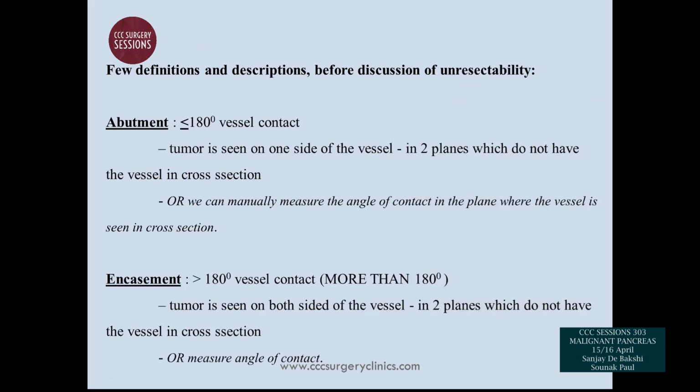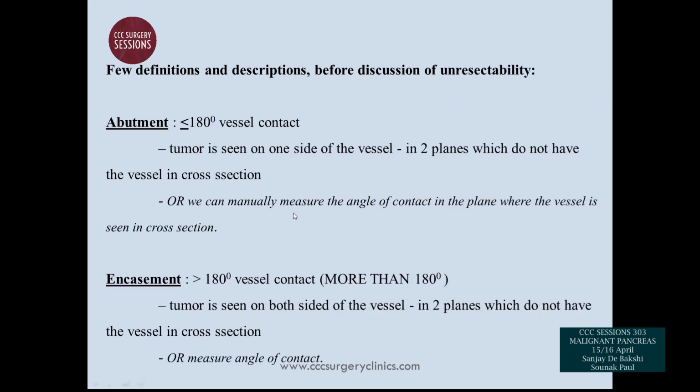So we'll take on a few definitions before we go to the unresectable and borderline resectable tumors. The first of them is abutment of a vessel. If there is less than 180-degree contact with the vessel, it is called abutment. If it is more than 180-degree vessel contact, it is encasement.